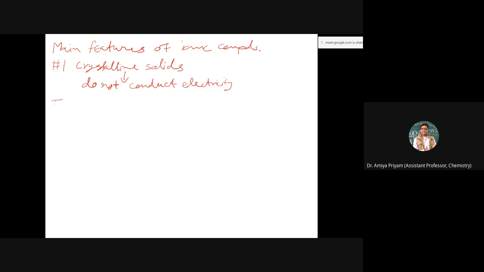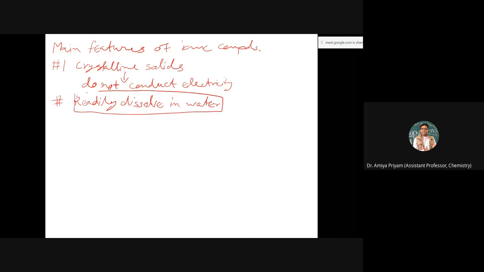But number two, you note that when dissolved in water, they do conduct electricity. So first thing is that they readily dissolve in water, and this solution now conducts electricity.